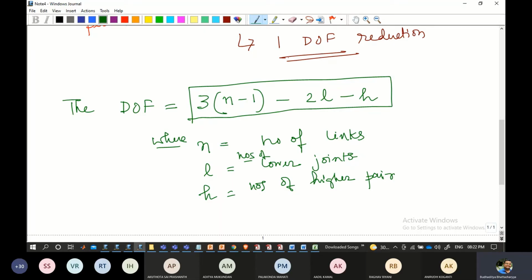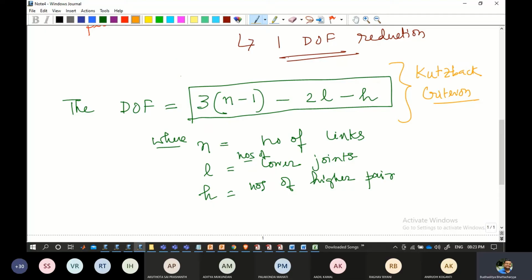This particular equation that you are referring to is called by the name of a scientist, because he is the one who coined this, and this is called the Kutzback criterion. So this is the famous Kutzback criterion to determine the DOF for any rigid body in a mechanical system. All right, 3 into n minus 1.